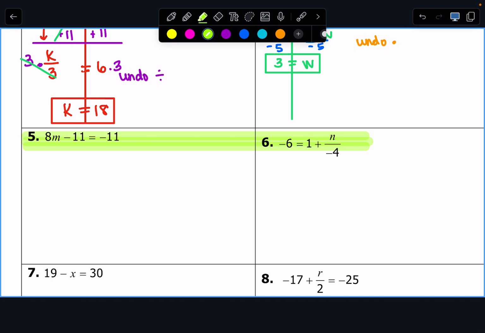When we say the opposite, if it's addition, then you have to subtract. If it's subtraction, you have to add. If it's division, you have to multiply, and if it's multiplication, you have to divide. So we have minus 11, so we have to do plus 11 on both sides.